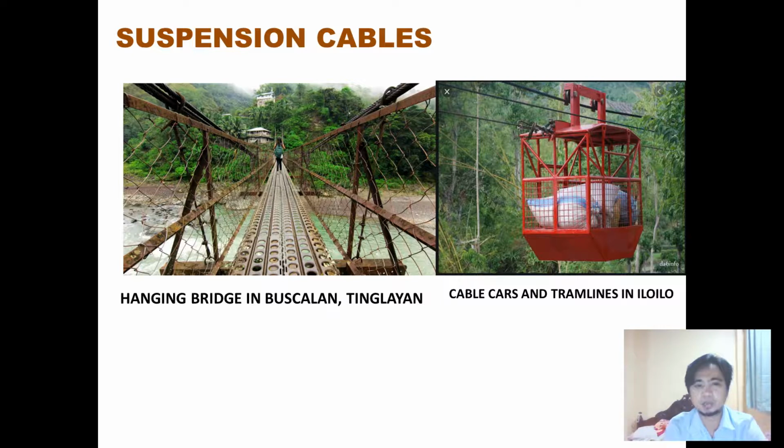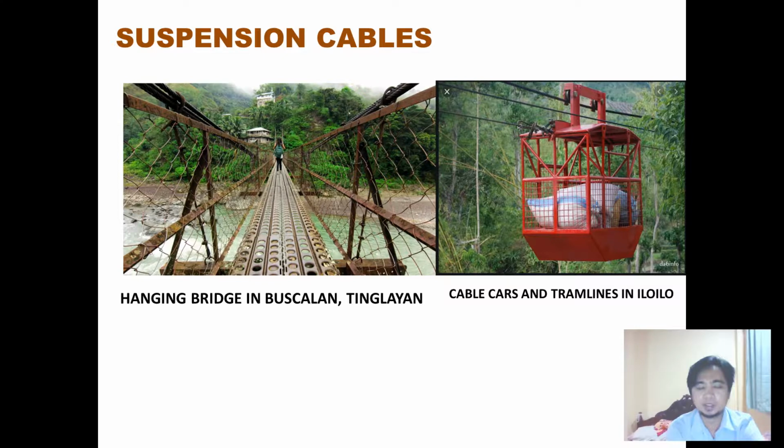Suspension cables as well are used in hanging bridges as well as cable cars. As we can see, we can find a lot of them in hanging bridges locally available, like bridges in Buscalan, Tinglayan, and then also we have cable cars and tram lines used to transport what is needed in agricultural production or agricultural products.